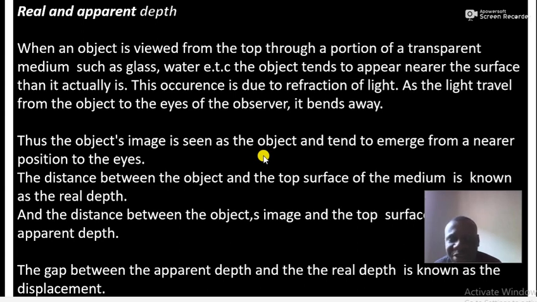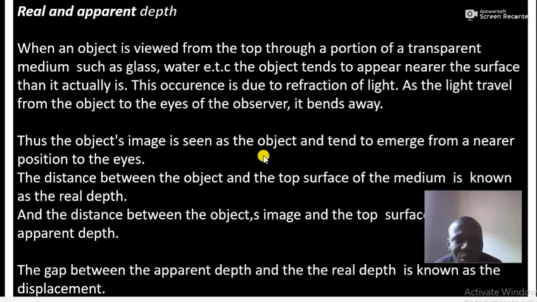As you can see on screen, when an object is viewed from the top portion of a transparent medium, such as glass for instance, you view this object in air. The object tends to appear nearer to the surface than it actually is, and this is as a result of refraction of light.